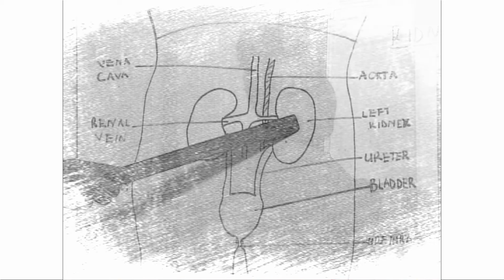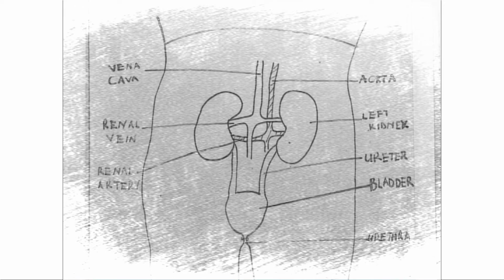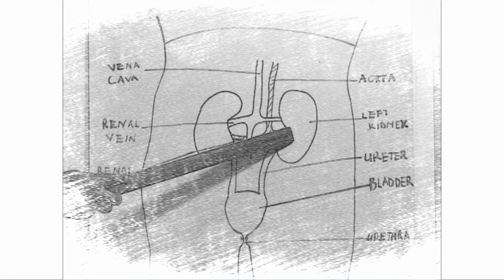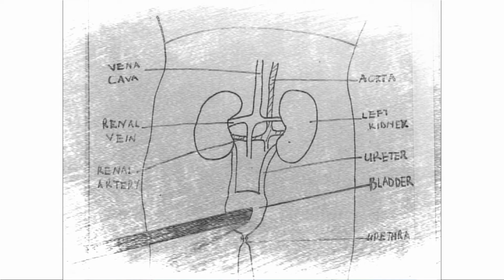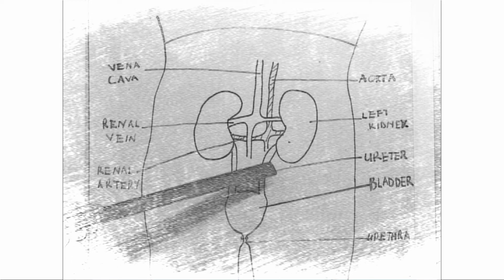Now when urine is produced in the kidneys, this urine has to move from the kidneys to the bladder. The urine moves from the kidneys to the bladder through the tube we call the ureter. So we have two ureters.